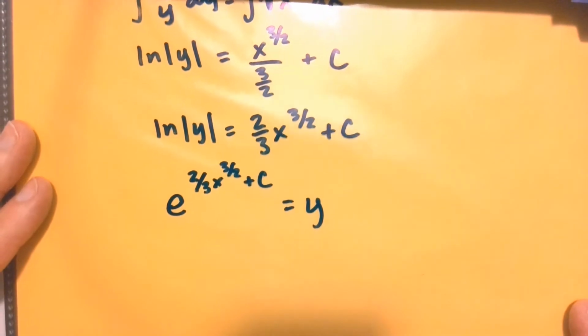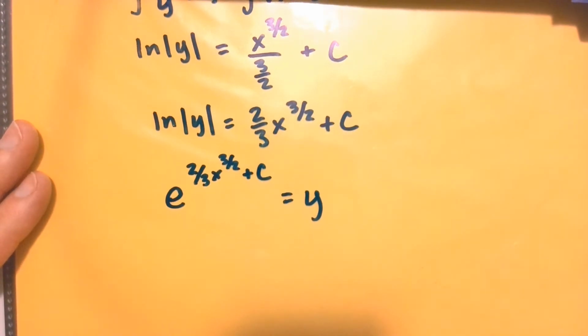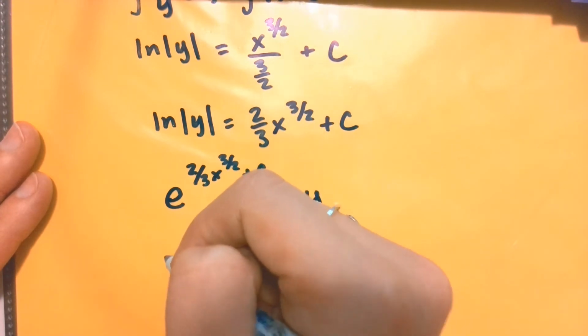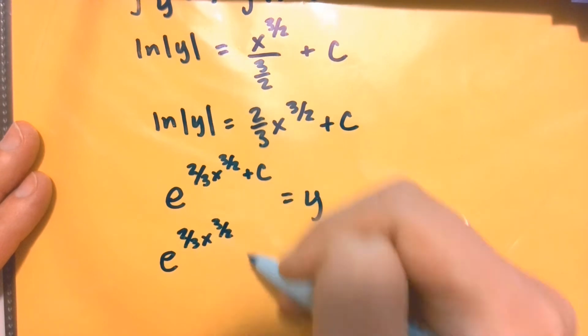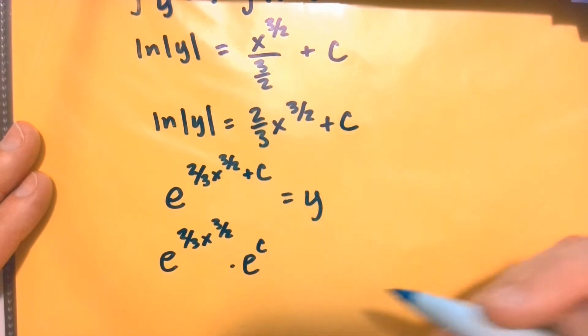And then typically to make this a more normal form of this, we would go ahead and think through the fact that if I'm raising e to this power plus this power, that's really the same as saying e to the 2/3 x to the 3/2 times e to the c.